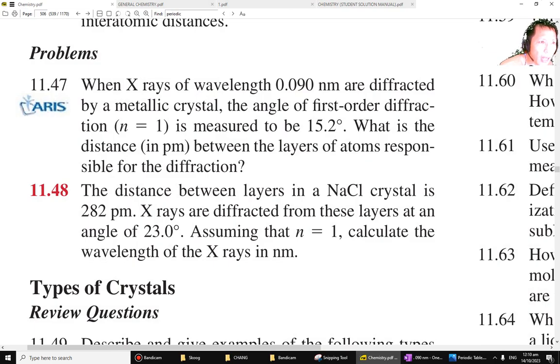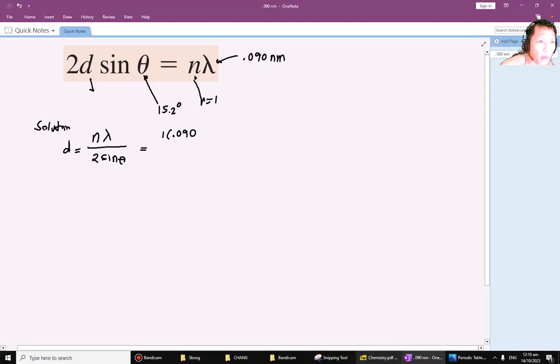since the problem didn't tell us what our units would be. The problem asks for picometers, so the distance should be in picometers. So we should resolve this to times 10 to the negative 9. This is again the nano, and then we put the meters. And then after that, we say 2 sine and the angle, which is 15.2 degrees.